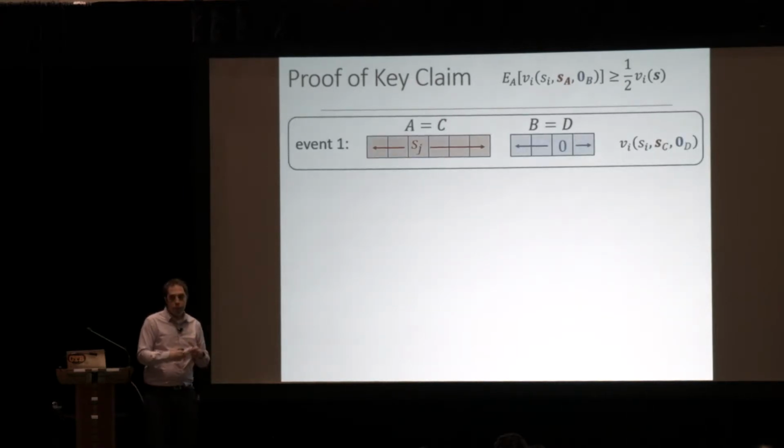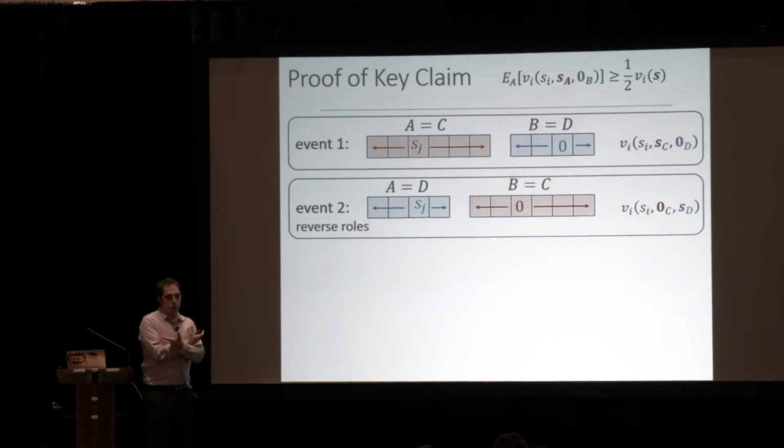The first one is that some random set C is set A, and we take their signals, and zero out the signals of set D of bidders. In this case, we get the value on the right-hand side, v_i with his signal and the signals of C. The other case is that they swap roles. Now set D of bidders is set A, we take their signals, and set C acts as set B. We don't take those signals.